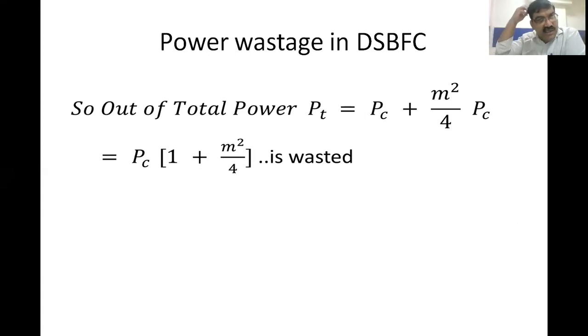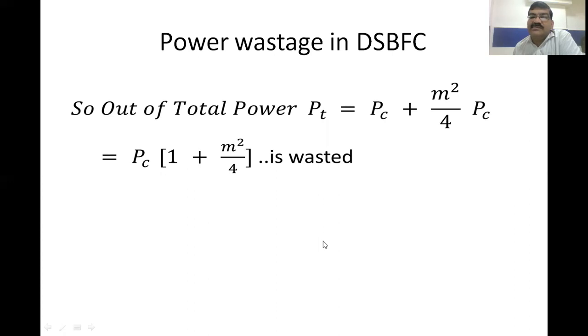This is how much power we are wasting in the double sideband full carrier. This power waste we have taken in reference to what? Anybody can quickly tell me, which parameter? Irfan, can you respond to this question?